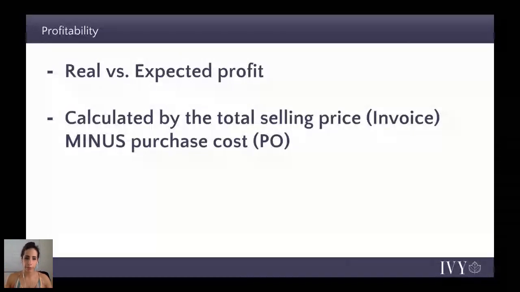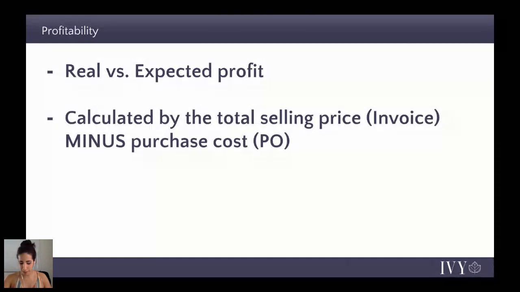So the profitability report in Ivy shows you the total selling price of an item to your client on the invoice minus the purchase cost on your PO. Again, this is why it's so important for you to create a PO, even if you're not sending it to your client, because this is how we know where your profitability lies.